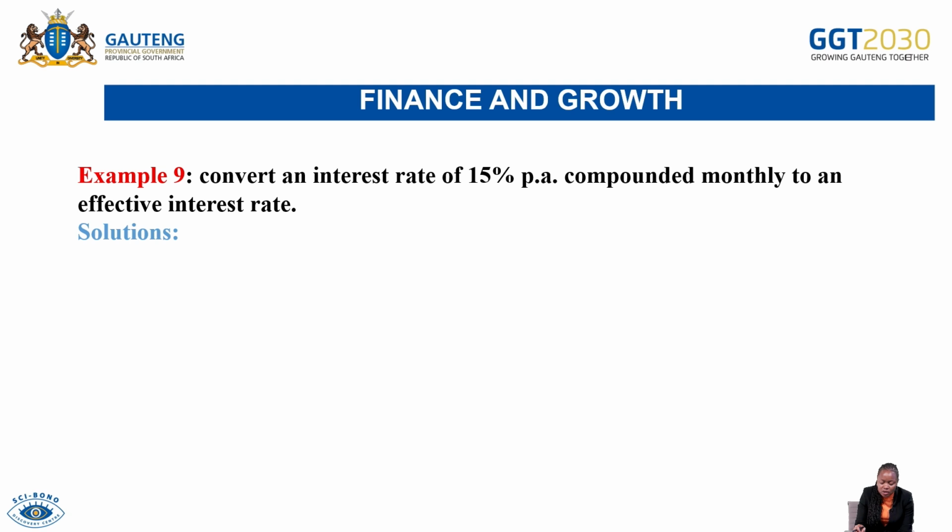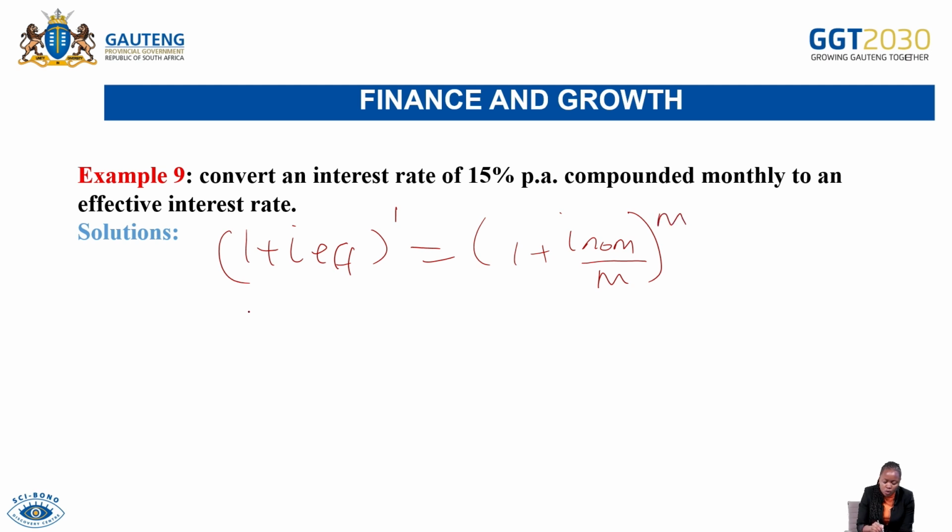Convert an interest rate of 15% per annum compounded monthly to an effective interest rate. So obviously you have 1 plus i effective to the exponent 1 equals 1 plus i nominal divided by m, to the exponent m. We are moving from nominal to effective.